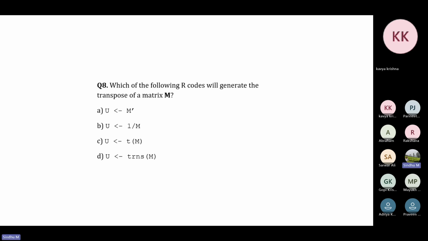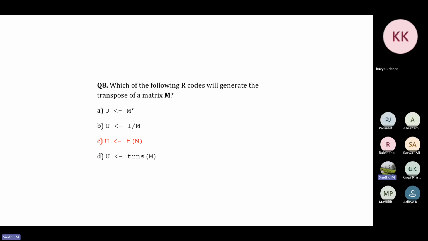Yeah, so to get the transpose of a matrix, the function that is used is T, and in the bracket you have to write what is the matrix for which you need the transpose. So yeah, that's it for the MCQ session.